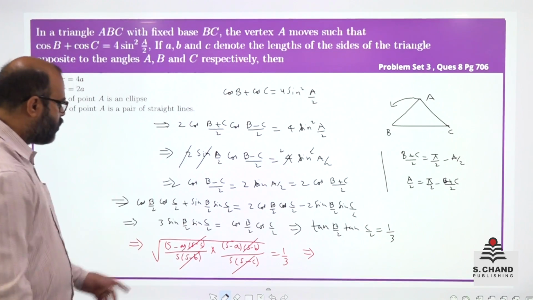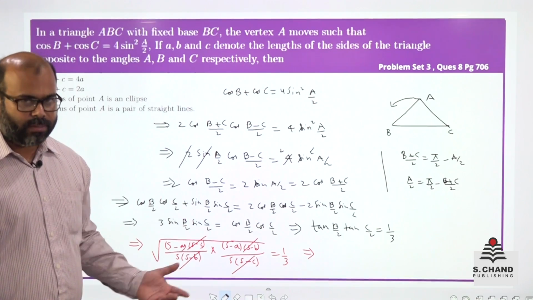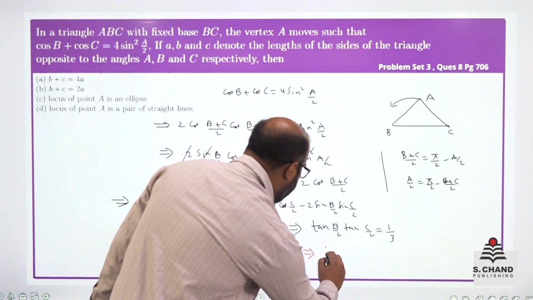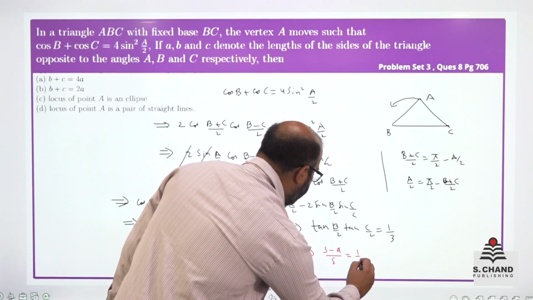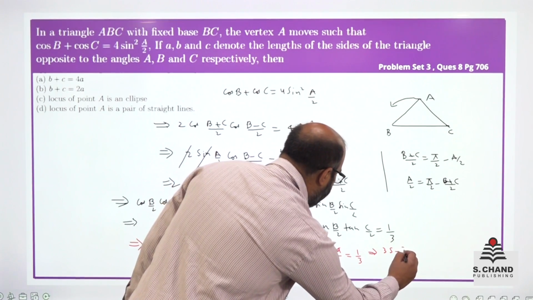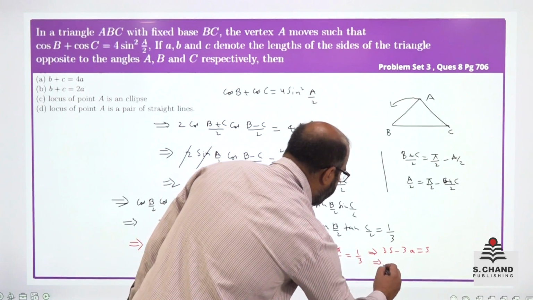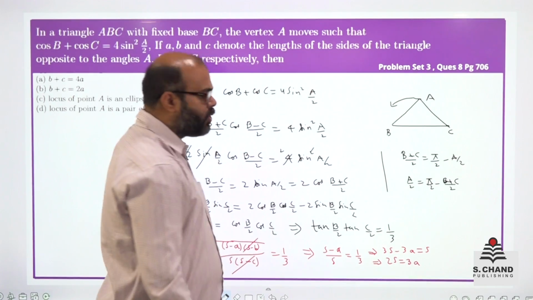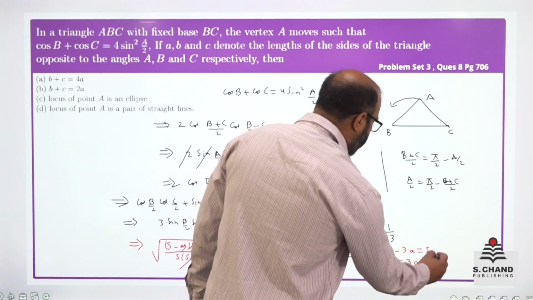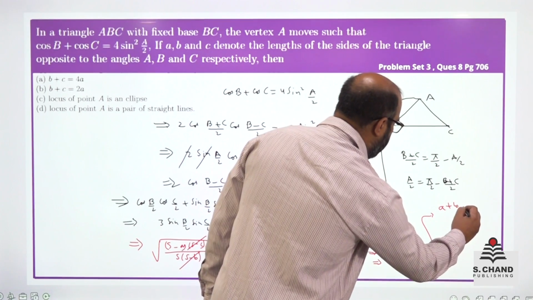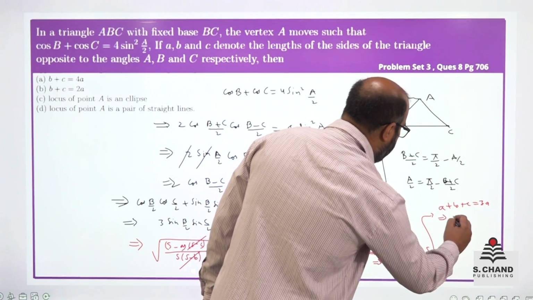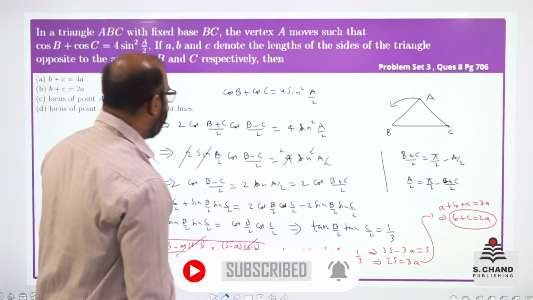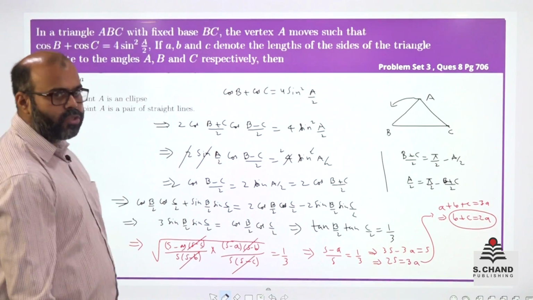So it will be the root of (S minus a) whole square, that is simply S minus a, and in the denominator the root of S square, that is S. So (S minus a) upon S is equal to 1 by 3. This will give you 3S minus 3a is equal to S, which gives 2S is equal to 3a. Now what is 2S? a plus b plus c. So a plus b plus c is equal to 3a, which means b plus c is equal to 2a. This is one relation which is quite evident. So b plus c is equal to 2a, which is option B.